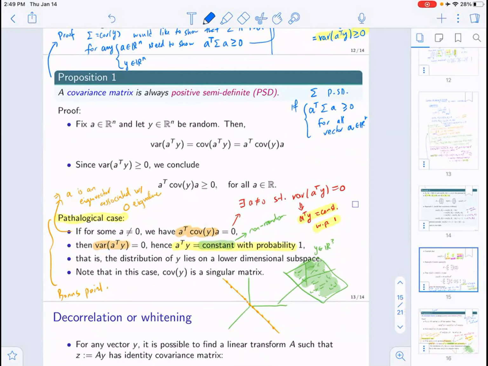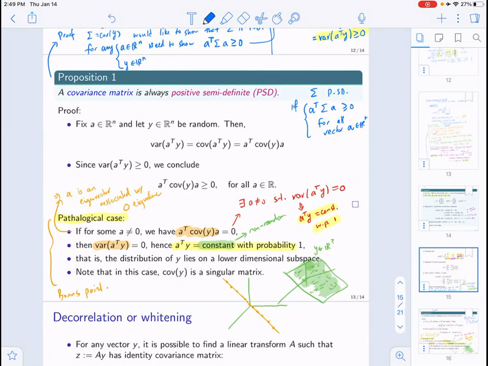The way I can do it is by a simple argument, and that is to look at the variance of A transpose Y for a general vector.